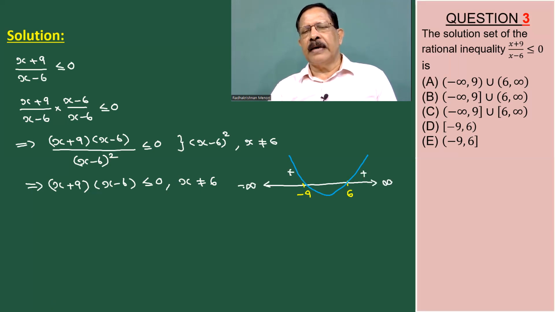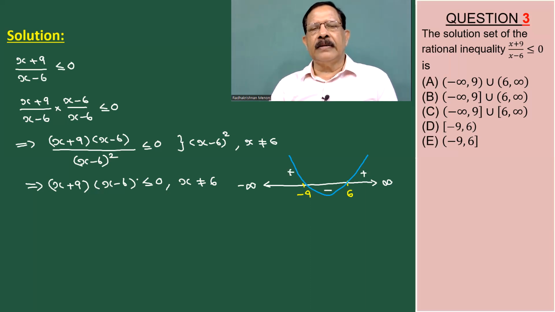That means x lies in the interval minus infinity to minus 9 or 6 to infinity. Negative means the part of the graph under the line, where the expression will be negative. This is the theory.